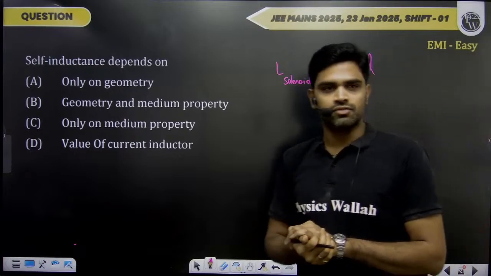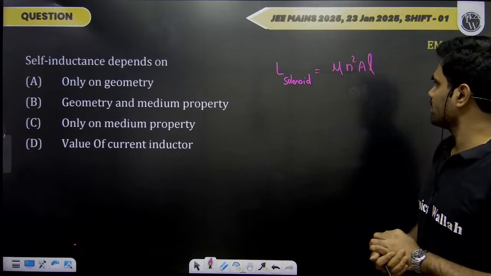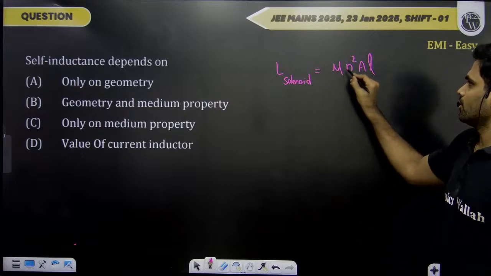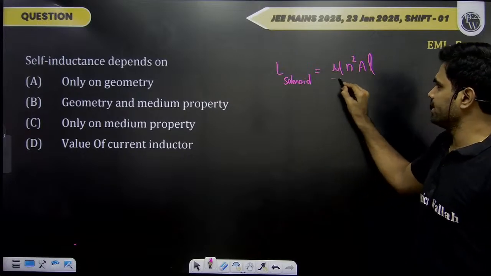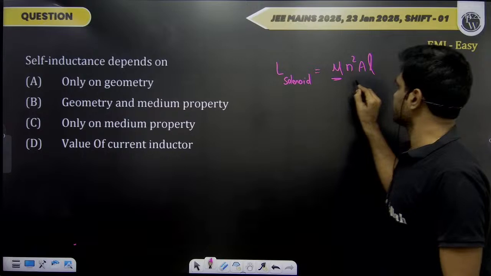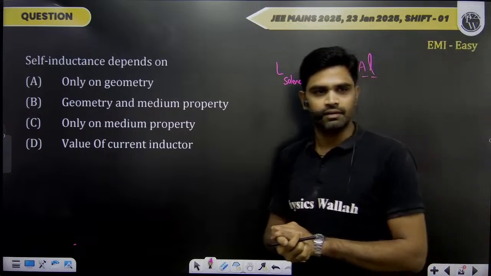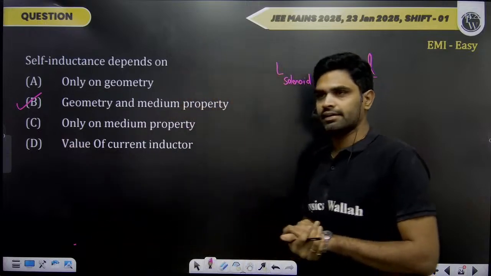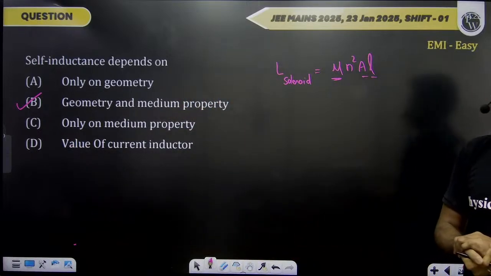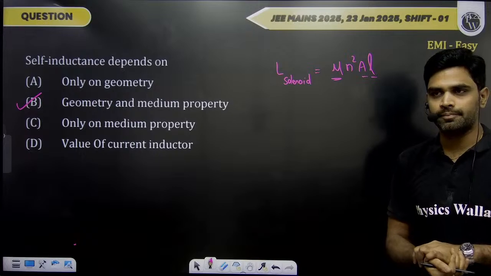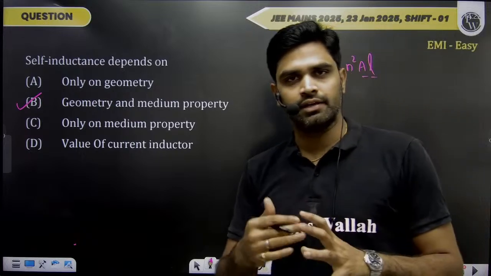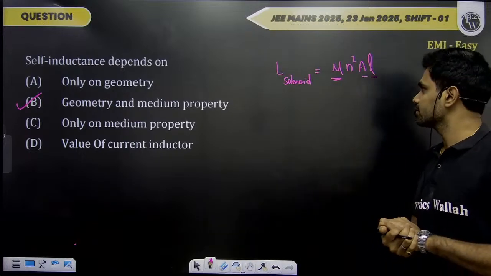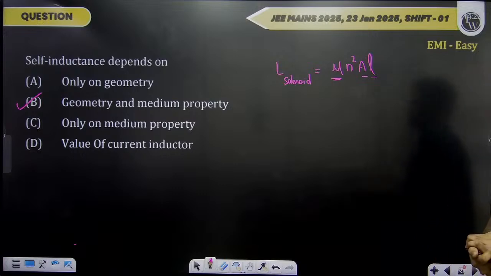The self-inductance of a solenoid is mu n square A l. Now it depends on the medium, and geometry: area, length, and everything. So the self-inductance depends on both geometry and the medium of the solenoid.